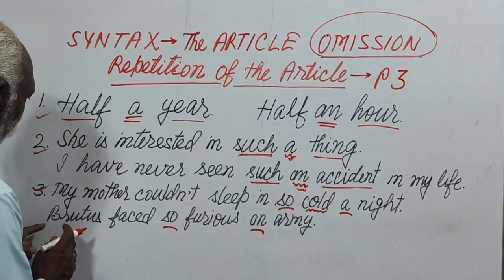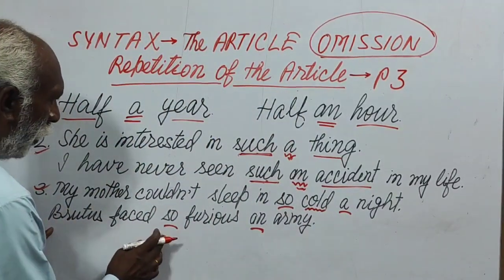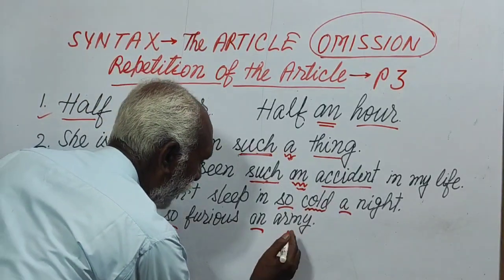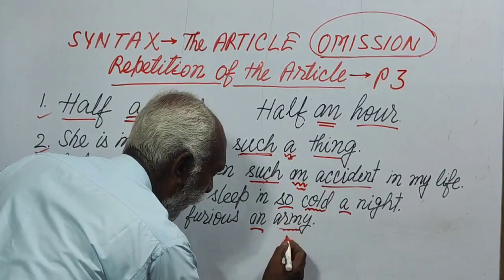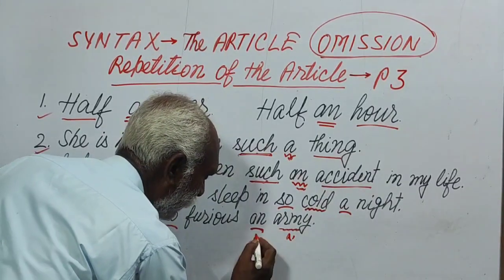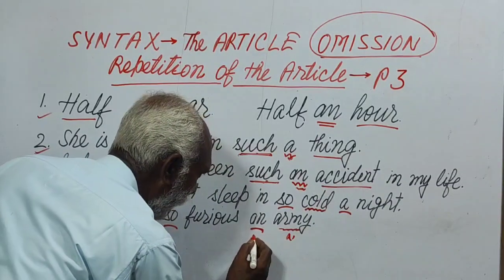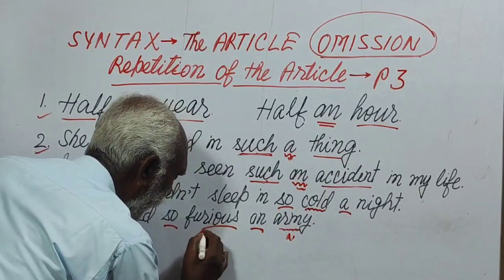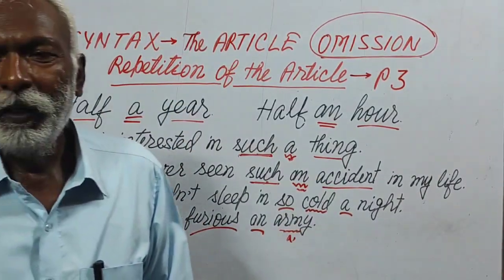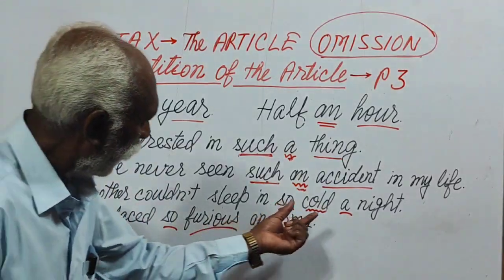And Brutus faced so furious an army. You see, army is a noun, and an is the article here, and furious. What does it show? Adjective.